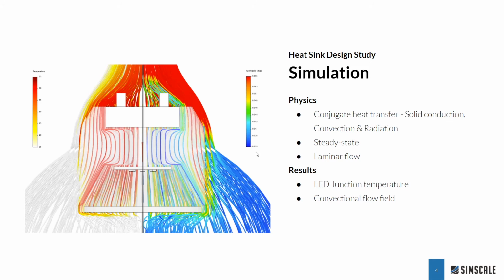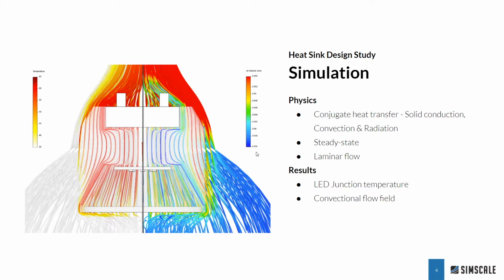So the analysis type that we're going to be using is a conjugate heat transfer simulation. This is a coupling of your flow physics, based on finite volume method CFD, coupled with heat transfer capabilities as well. That gives us the ability to look at conduction within the solids, convection within the fluid, air in this case, and also radiation between the solid surfaces as well.